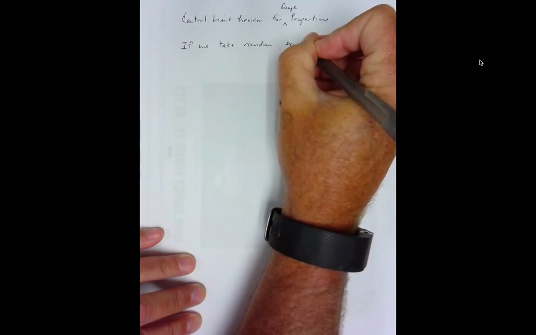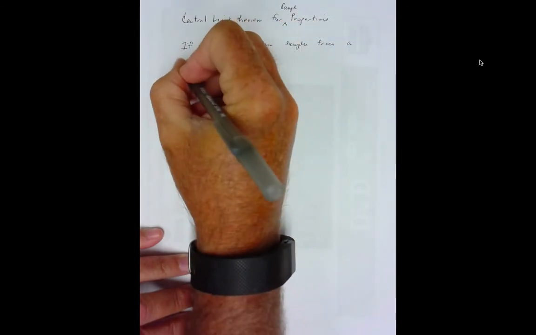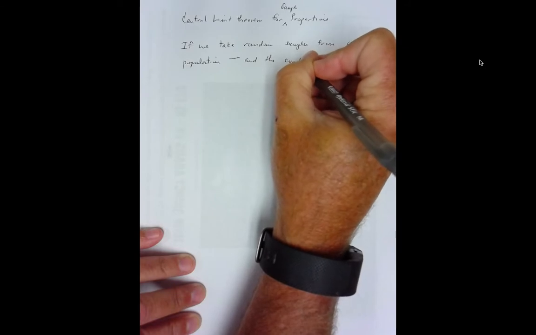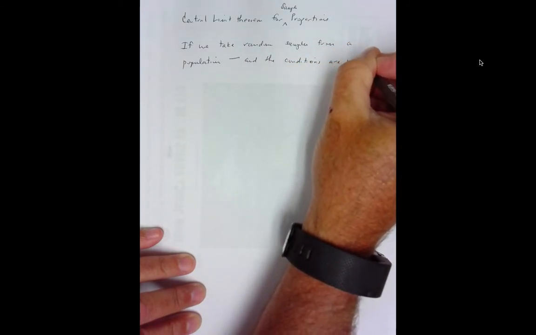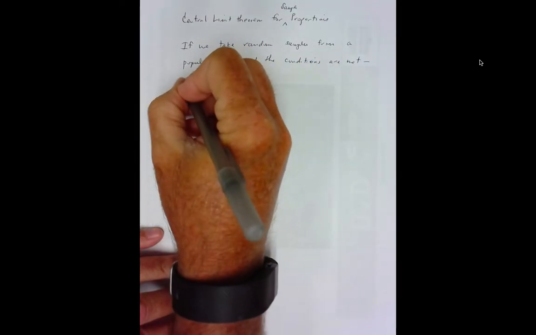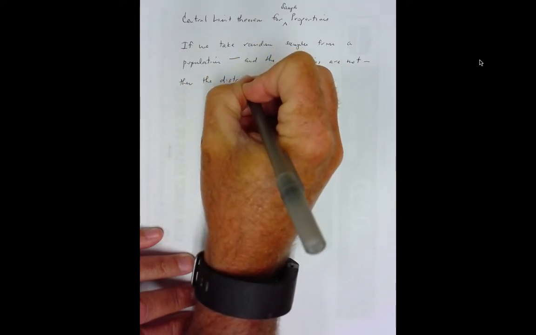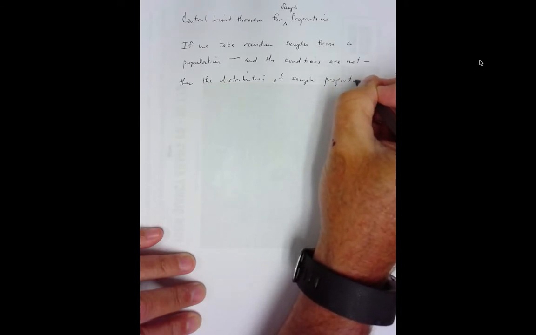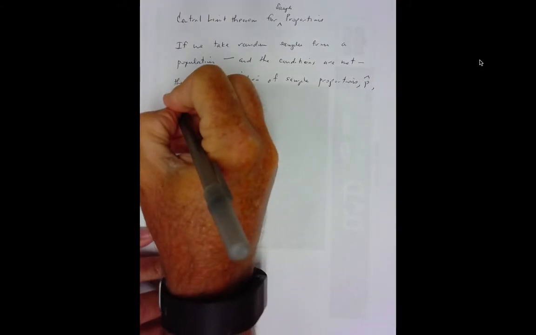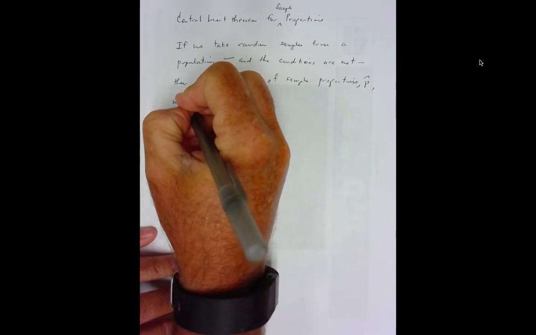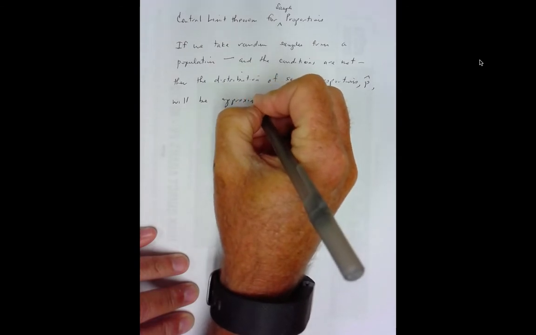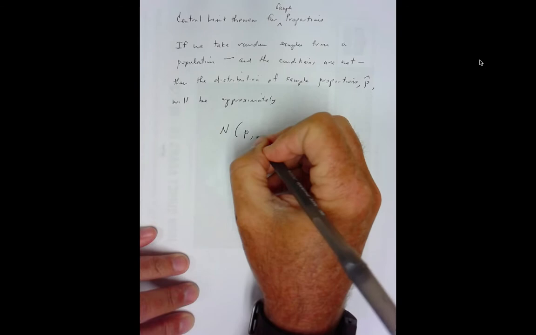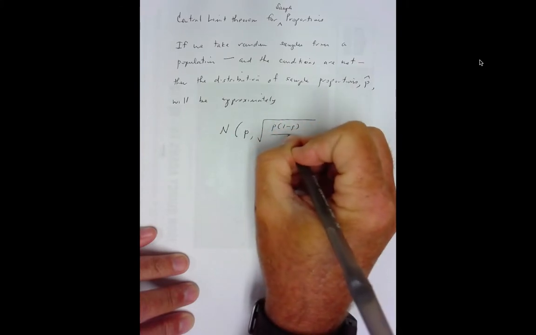If we take random samples from a population, and the conditions are met, and I'll talk about the conditions here in just a second, then the distribution of sample proportions, p hat, will be approximately normal with a mean of p and a standard deviation of the square root of p times 1 minus p over n.